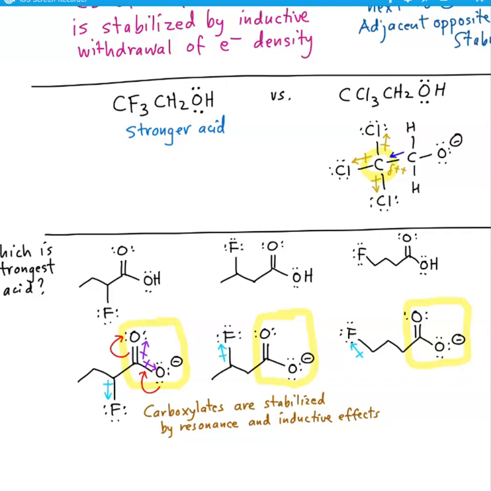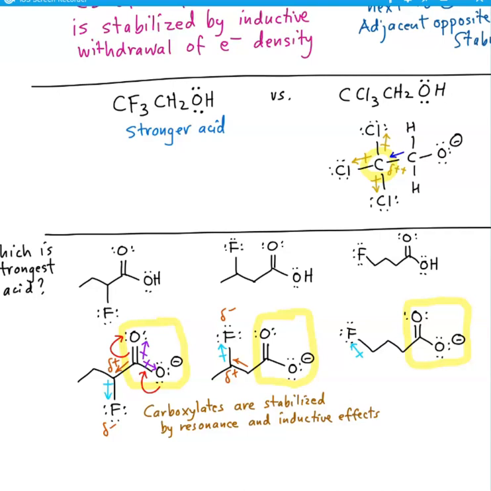In the first case, that sets up partial positive charge here, and so that guy can borrow from the carbon next door, which is right next to the oxygen with a negative charge. So that's an effect that's going to be felt fairly strongly. In the next case, sure, you have partial positive charge on that carbon. It's going to borrow from this carbon, but then the effect is going to drop off fairly quickly.